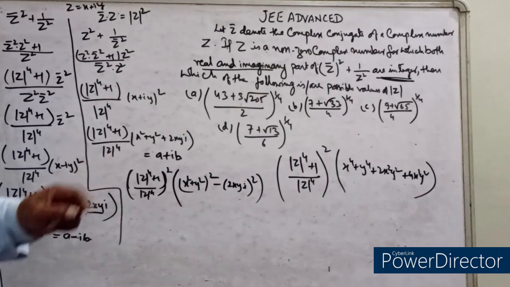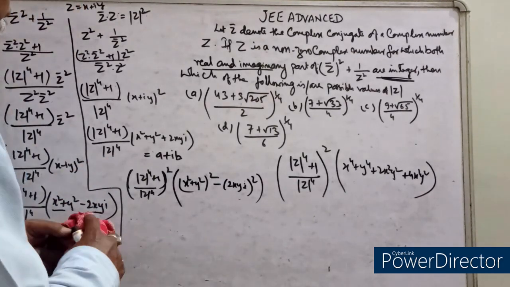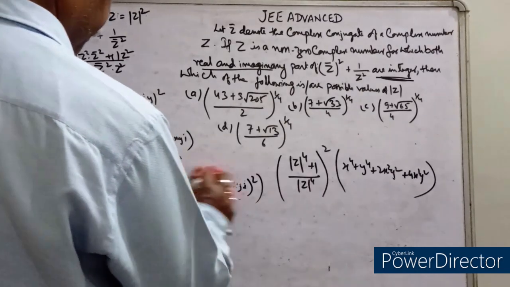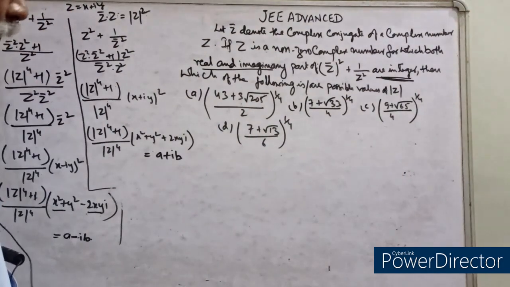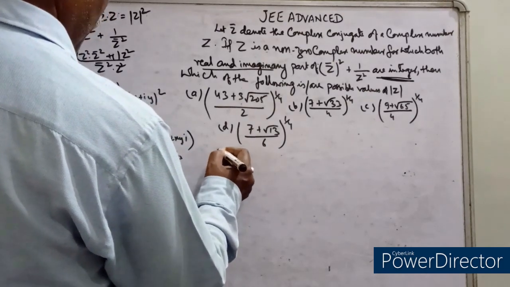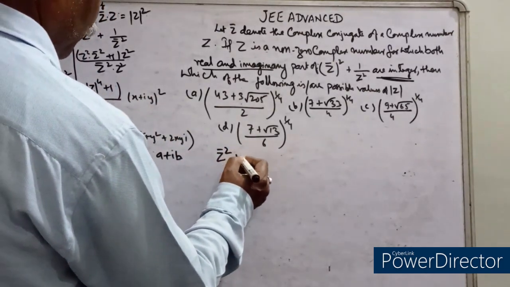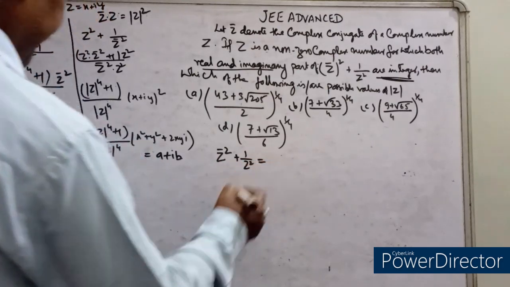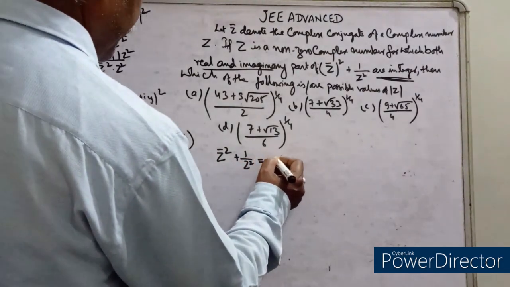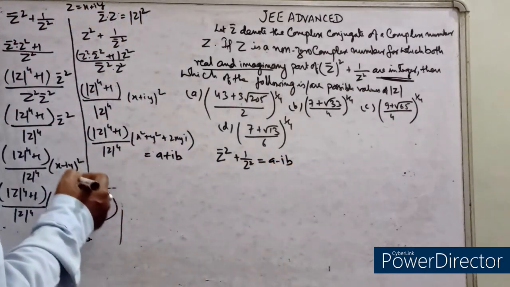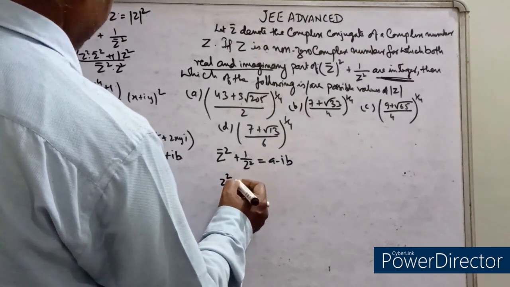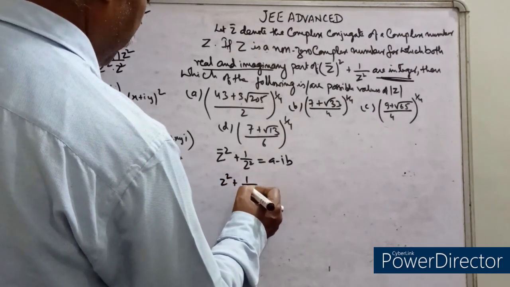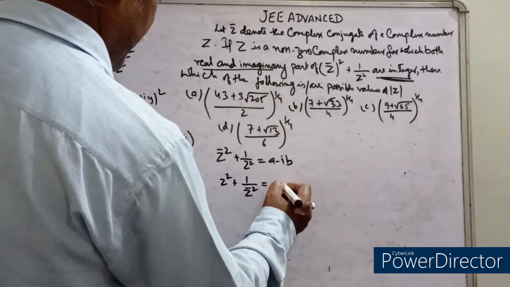Now here I made a slight mistake. What I got as the result is that z bar square plus 1 by z square can be written as a minus ib, and z square plus 1 by z bar square can be written as a plus ib.